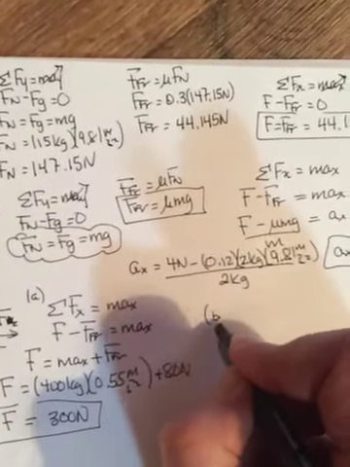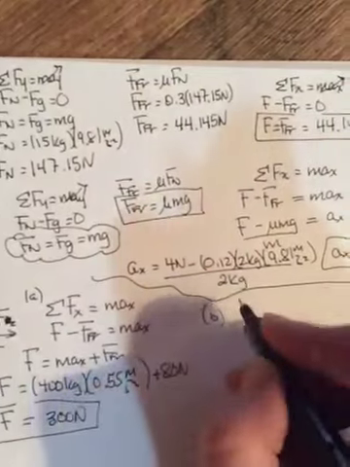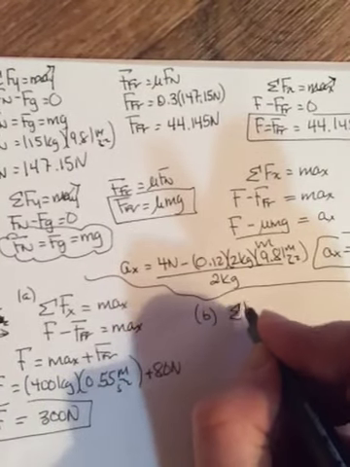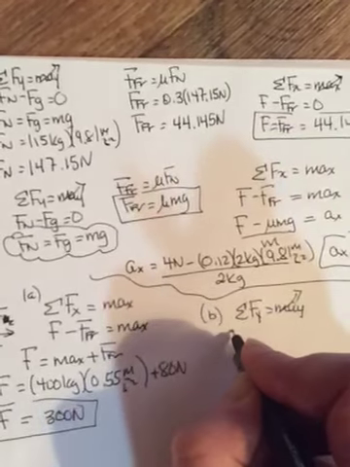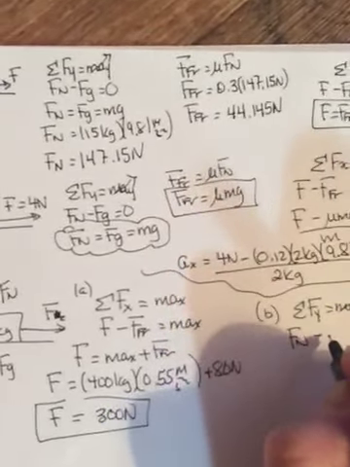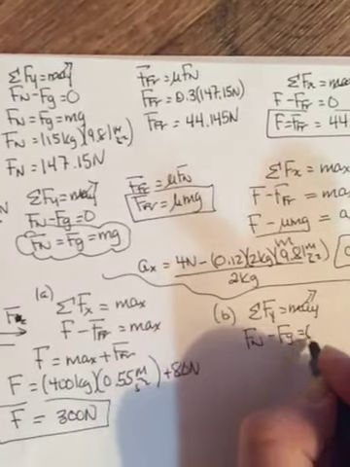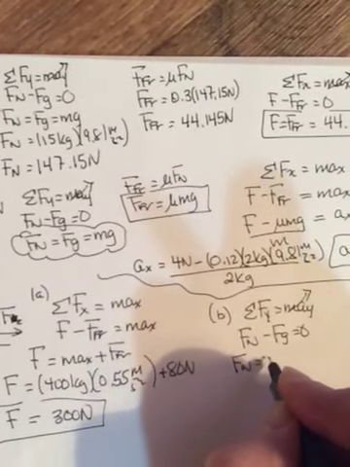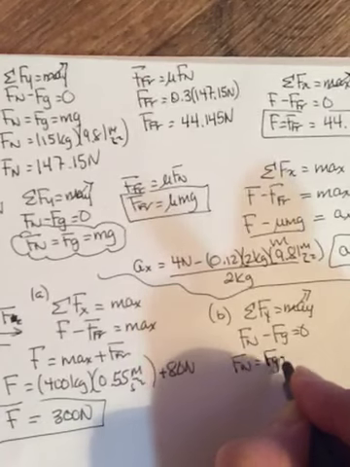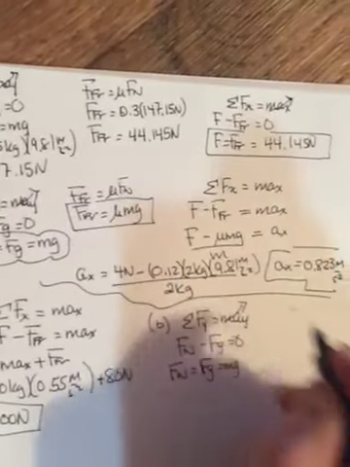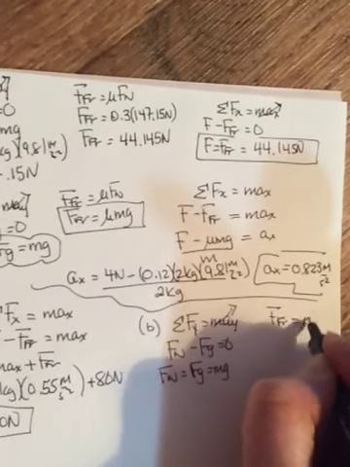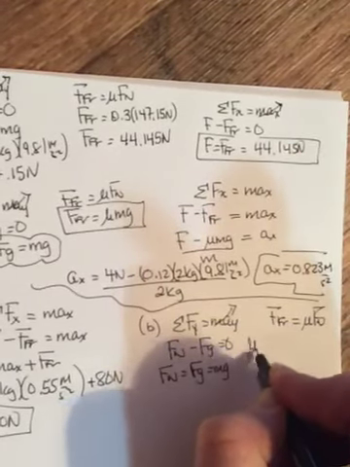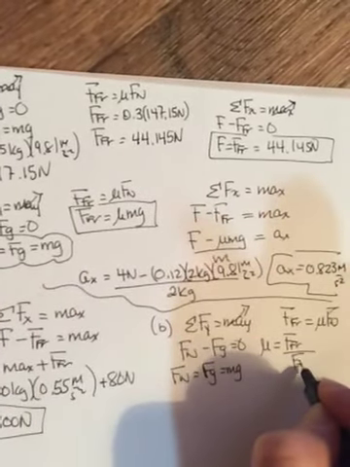And then the second part wants the coefficient. So to do the coefficient, we need to find the normal force. So the sum of the forces in the y equals m a_y, and it's not moving. So Fn minus Fg equals 0. So Fn equals Fg equals mg. And if you didn't want to put your numbers in, instead you could just go F_fr is equal to mu Fn. So mu is equal to the friction that you were given over Fn.